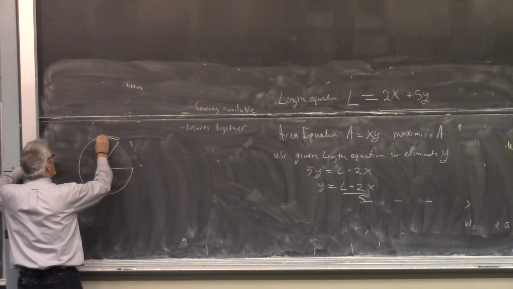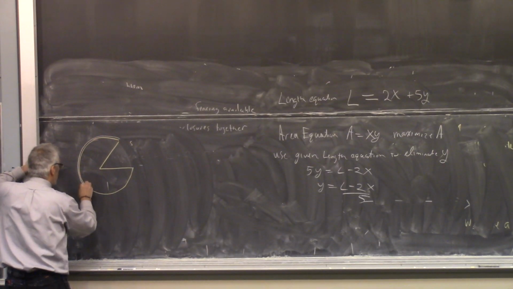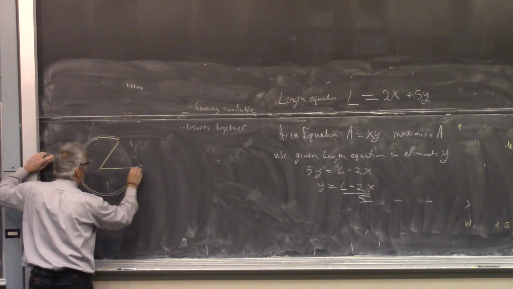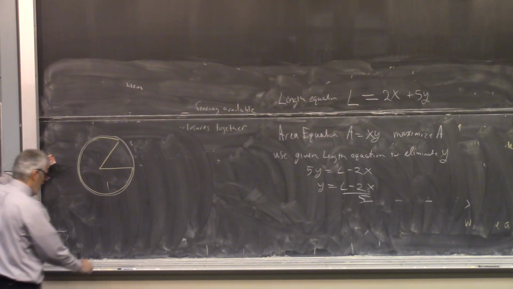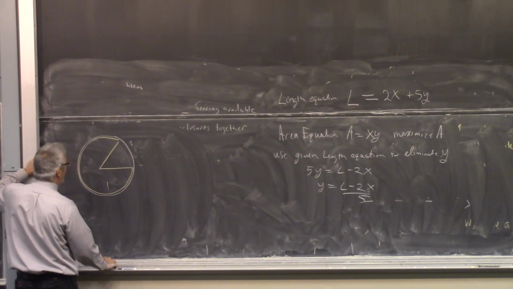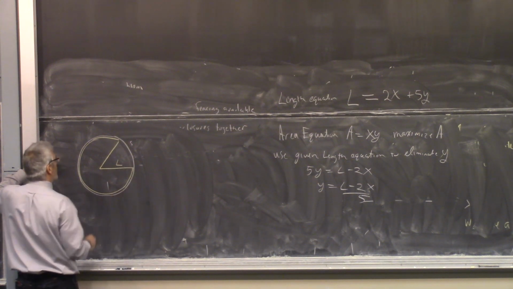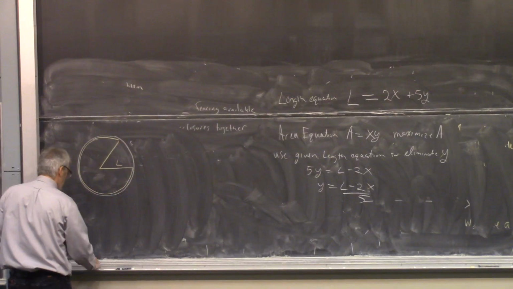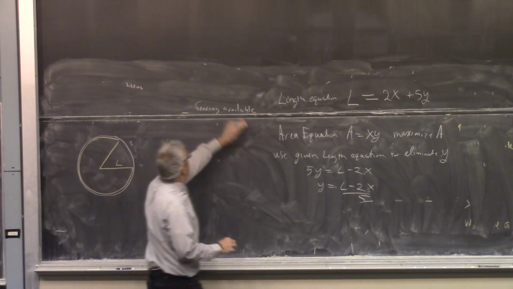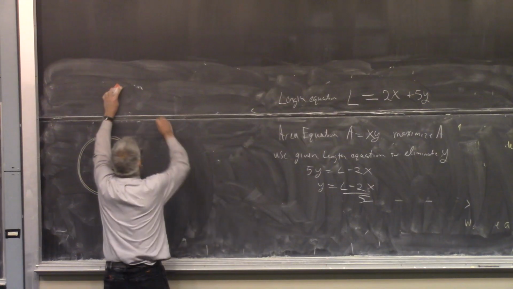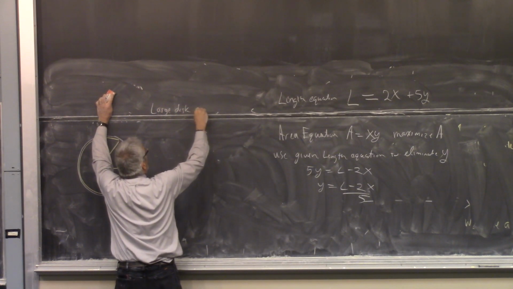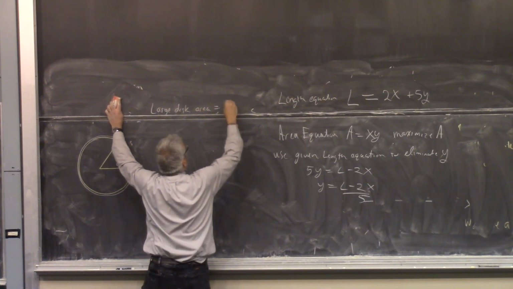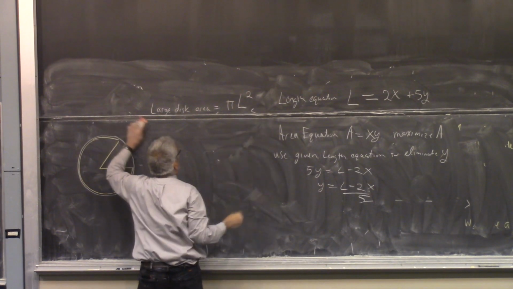We could think about taking a big white disc, cutting out that wedge, and then gluing it up. Well, what's the area of that white disc? I need to know this length. I'm going to call this capital L. So the large white disc area is going to be pi times L squared.